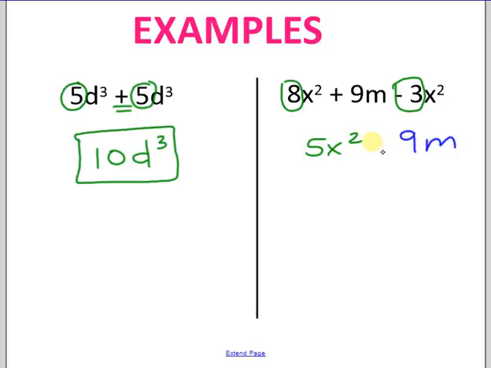Now this is where the extra layer of ordering comes into play. So I told you to order in alphabetical order by variable, but then I told you that there was an extra step. So the way that it works when you have exponents of a higher power is that you need to do your exponents in alphabetical order by power from highest to lowest, okay?